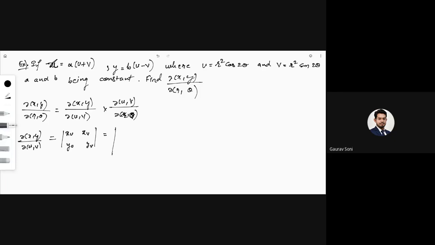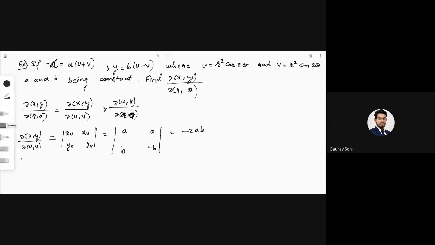So this is a determinant. x with respect to u will be simply a. x with respect to v is also a. y with respect to u is b, and this is minus b. So the answer here is going to be minus 2ab.